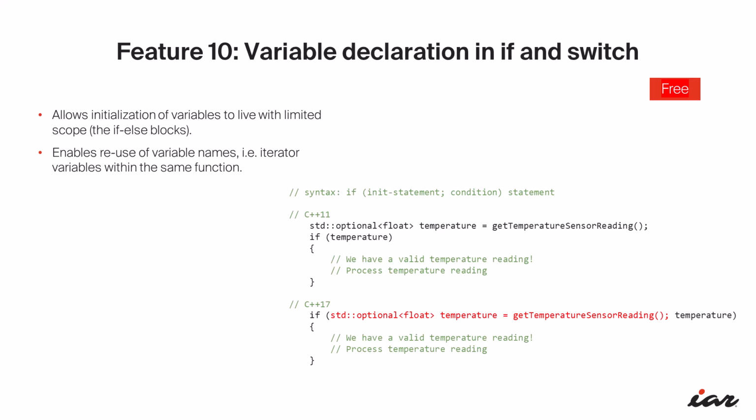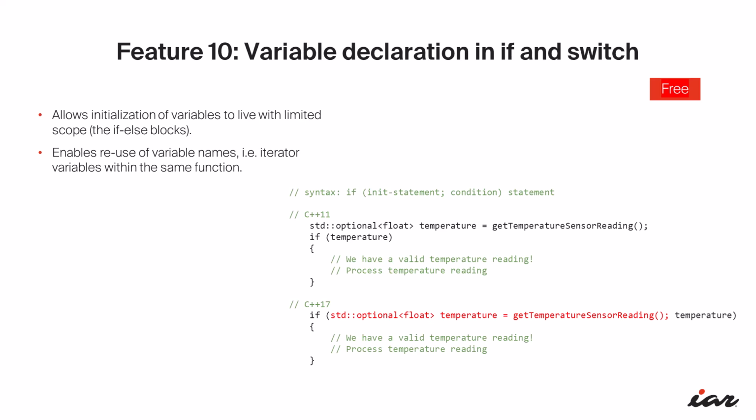Looking at the example here, in C++ 11, you define the temperature variable on a separate line as usual, and then you check on the temperature. What happens here is that the temperature variable stays in scope until the function returns somewhere down.